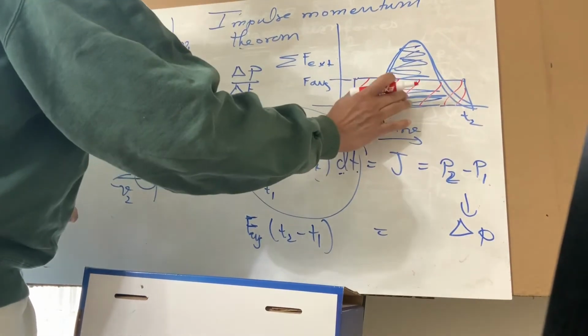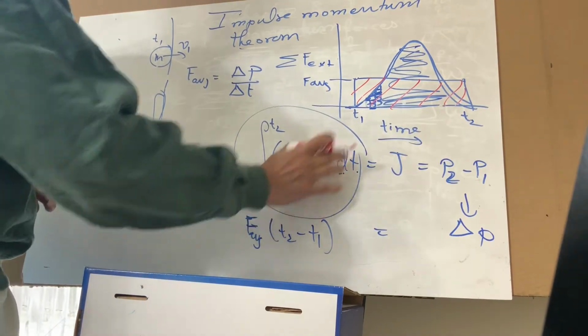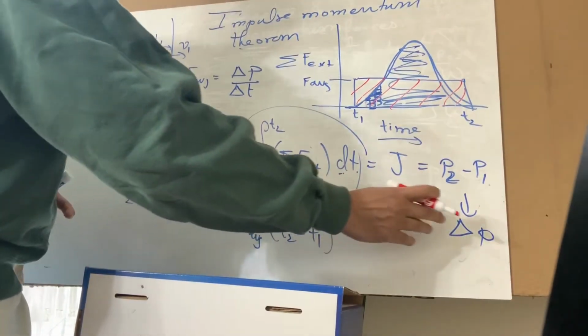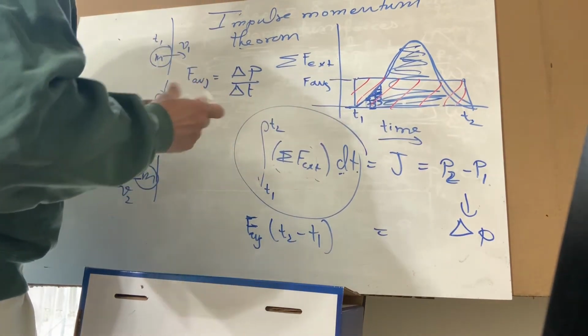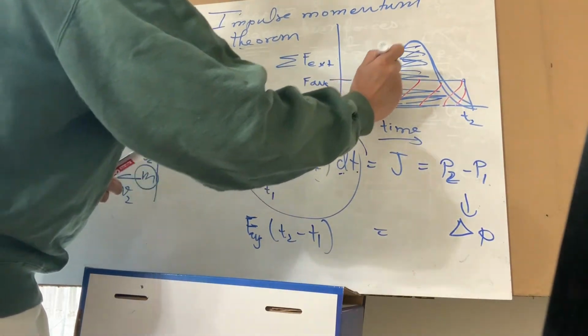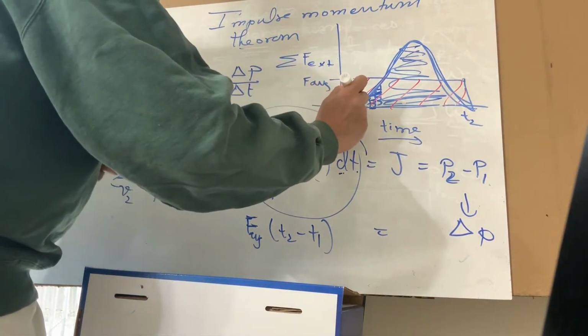These two areas, this is the area in red, and this is the area in blue. Because the way I've defined it, this area is equal to this area.